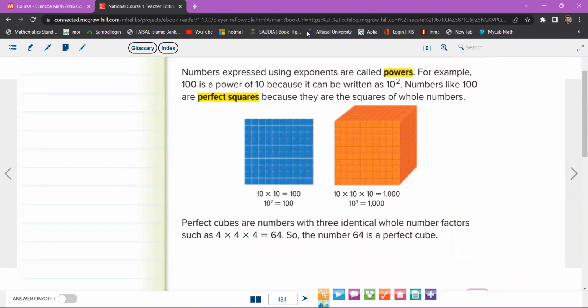Like here, this is a square consisting of 10 by 10, which is 100 small squares, meaning 10 to the power of 2, which is 100.